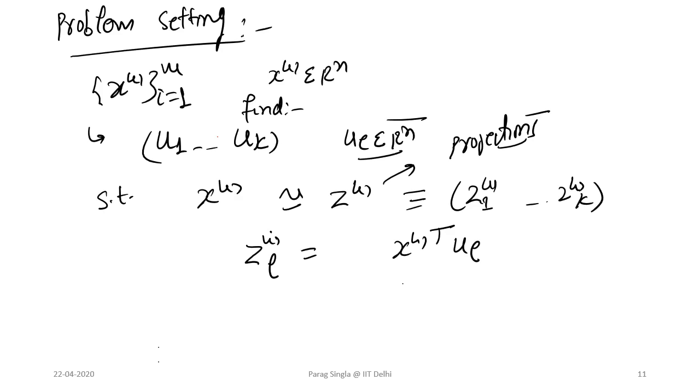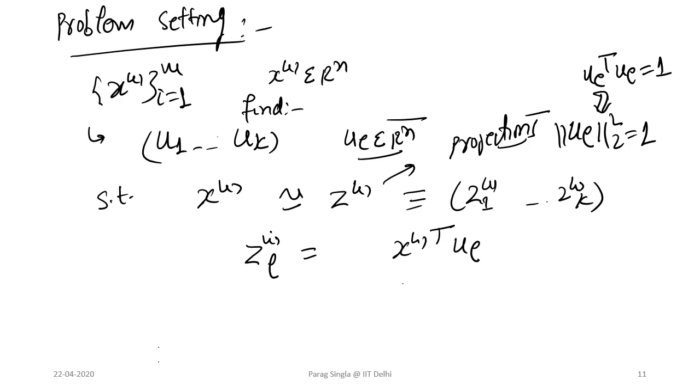And note that each of these ul is a unit vector, which means the norm of ul is 1, which is also equivalent to writing in vector form ul transpose ul equal to 1.